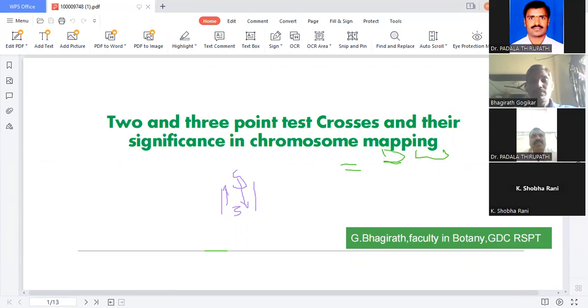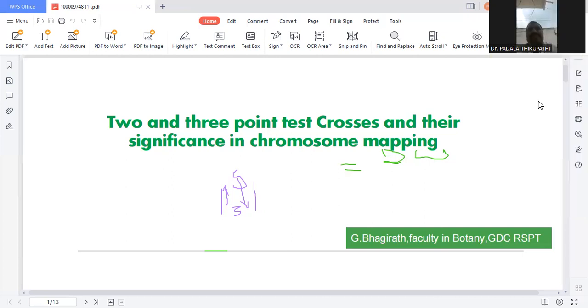This is the most important area for scoring marks in JRF, SRF also. Sir has already previously said that without 2-point test cross, 3-point test cross, or construction of genetical mapping or chromosomal mapping questions, there is no TSET, there is no CSIR NET examination also.